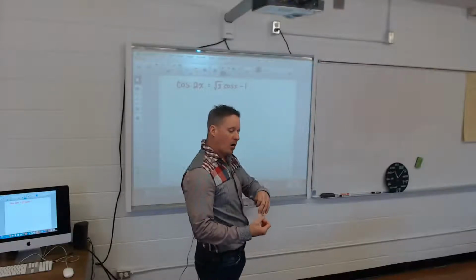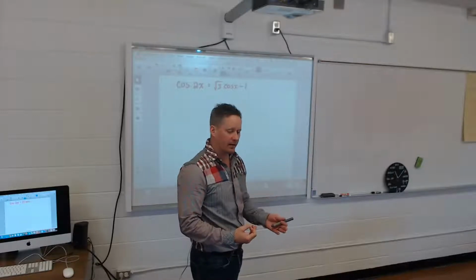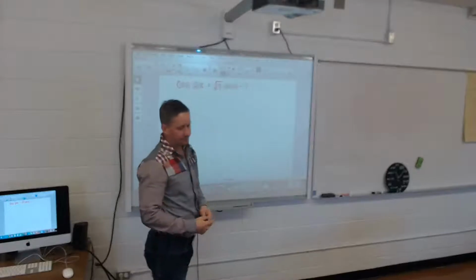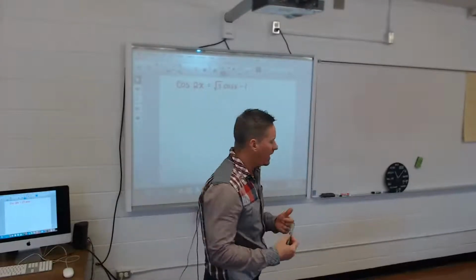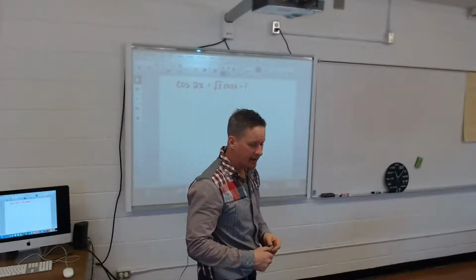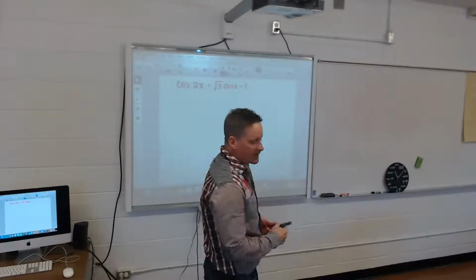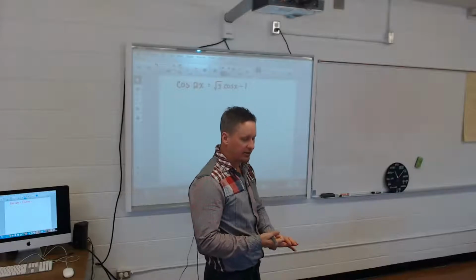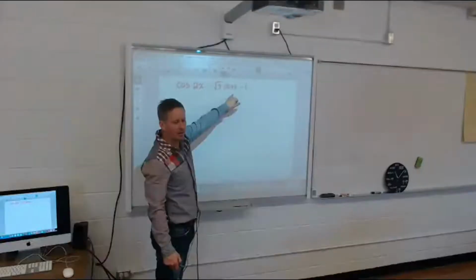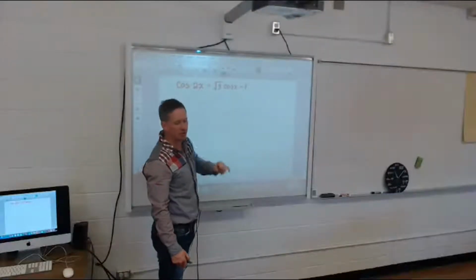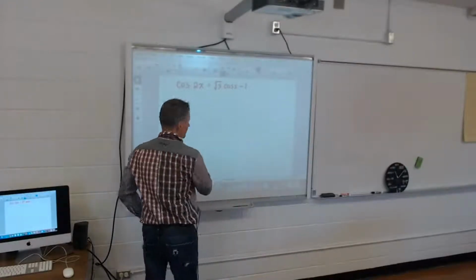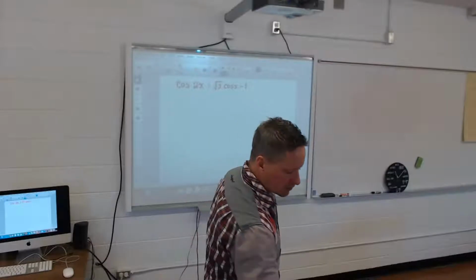So I want to always convert my double angles to single angles using my identity. So look at my identity. There are 3 separate identities that deal with cos 2a. One that I want to use. I want to use the cos x one. So what's the identity for cos 2x?